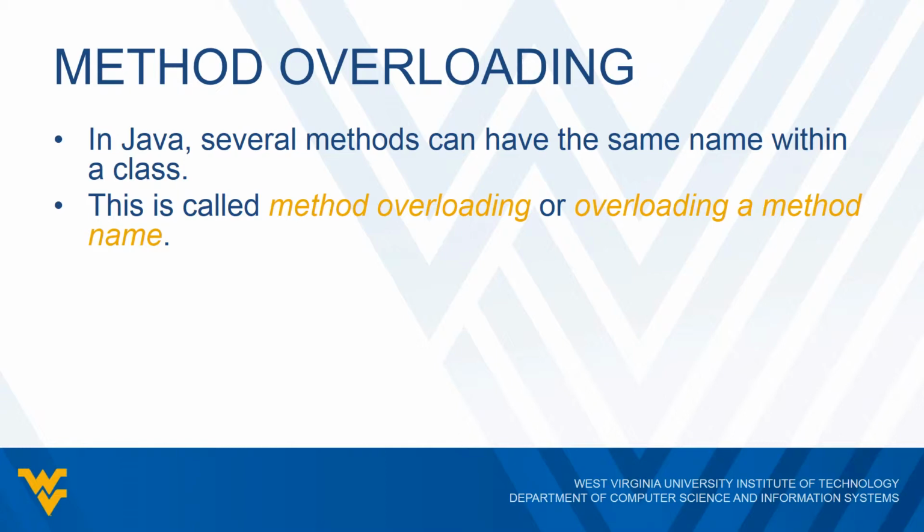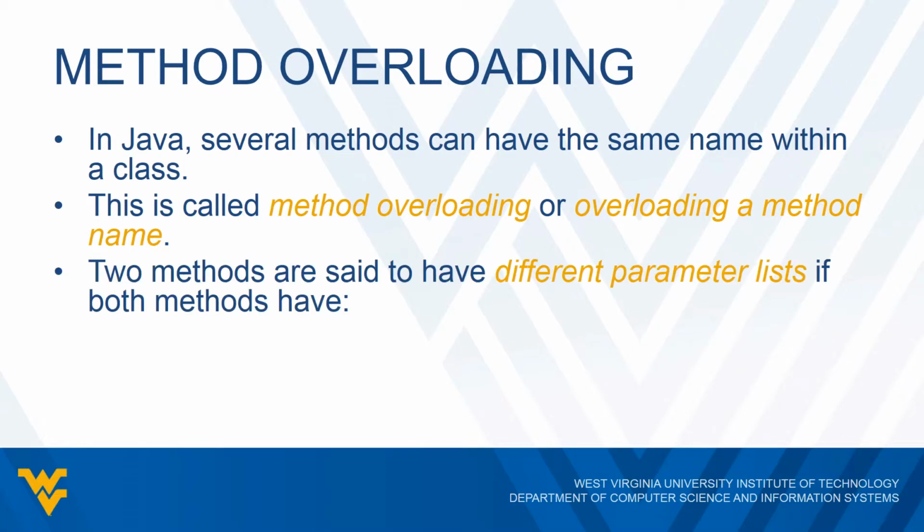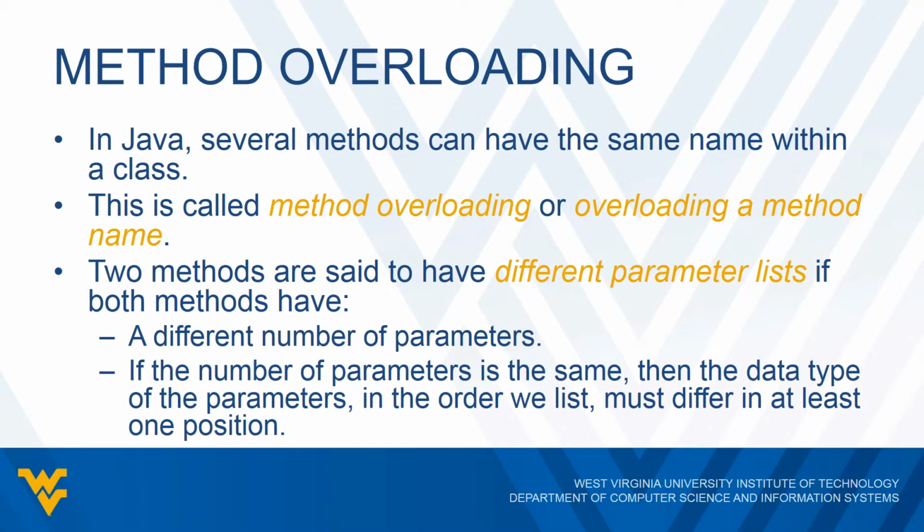Now, before I explain how we can go about doing this, we need to define one more thing. We say that two methods have different parameter lists if they have a different number of parameters, or they have the same number of parameters, but the data types of the parameters, in order, are different in at least one place.